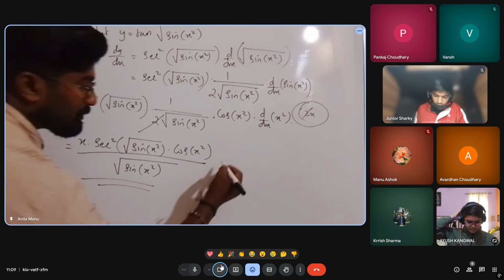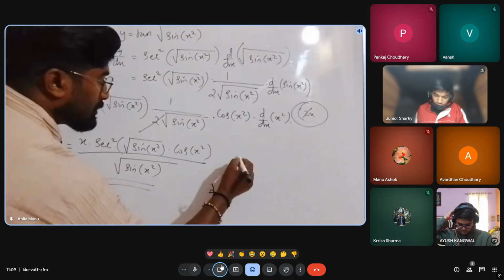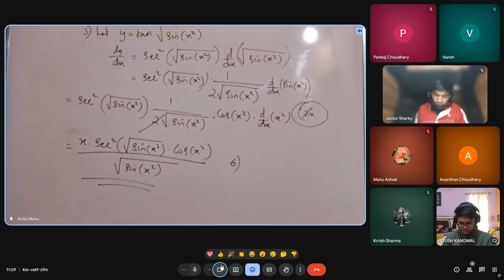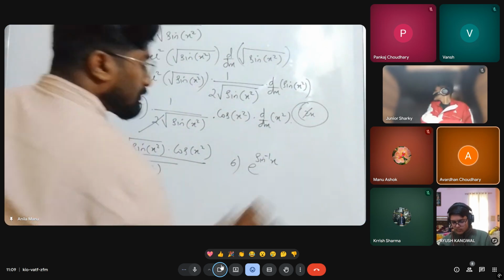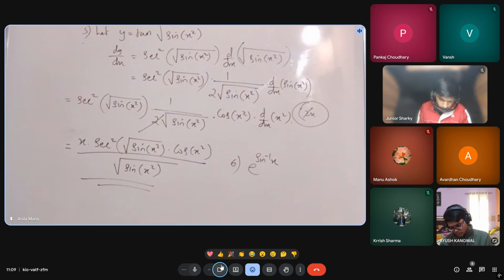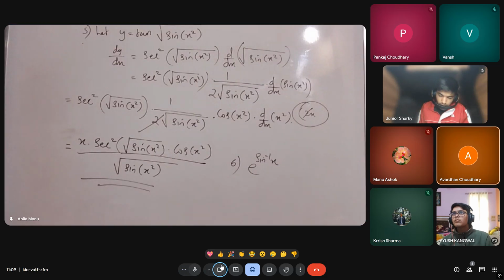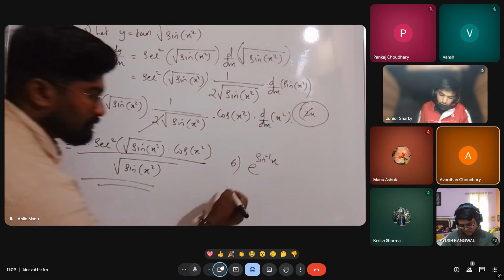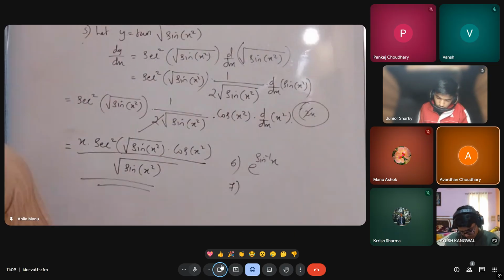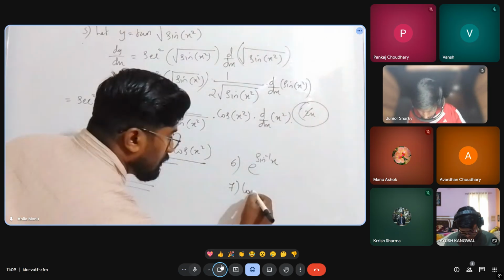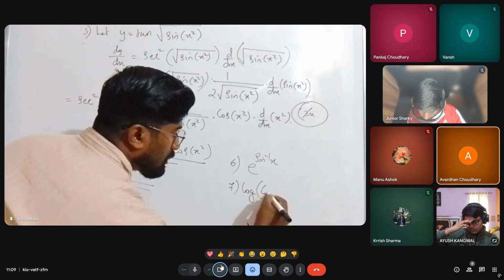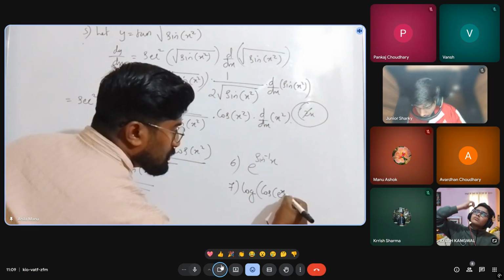So write the question. Question number 6. e raised to sine inverse of x. e raised to sine inverse of x. Is equal to log cos e raised to x. Log cos e raised to x.